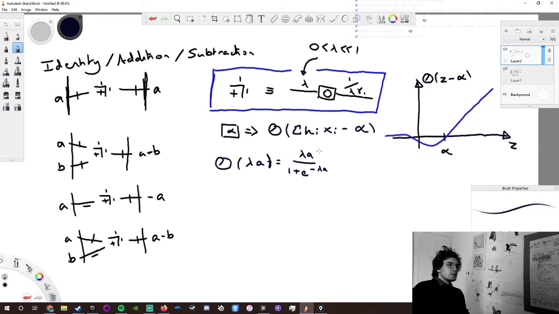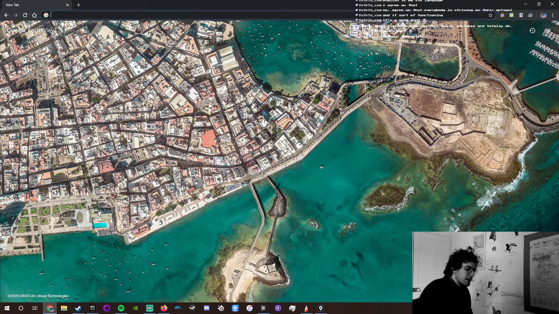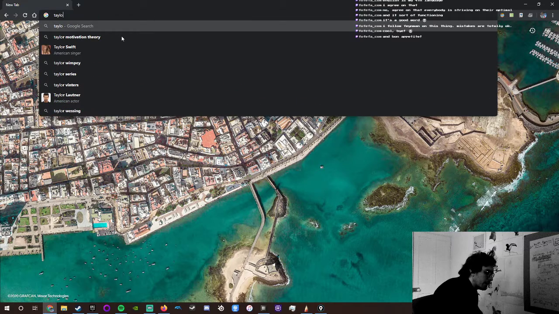But these are small. That's kind of the whole point. So e to the minus a is roughly 1 minus lambda a. Let me just, in case anyone's looking at that being like, that's a little bit suspicious.